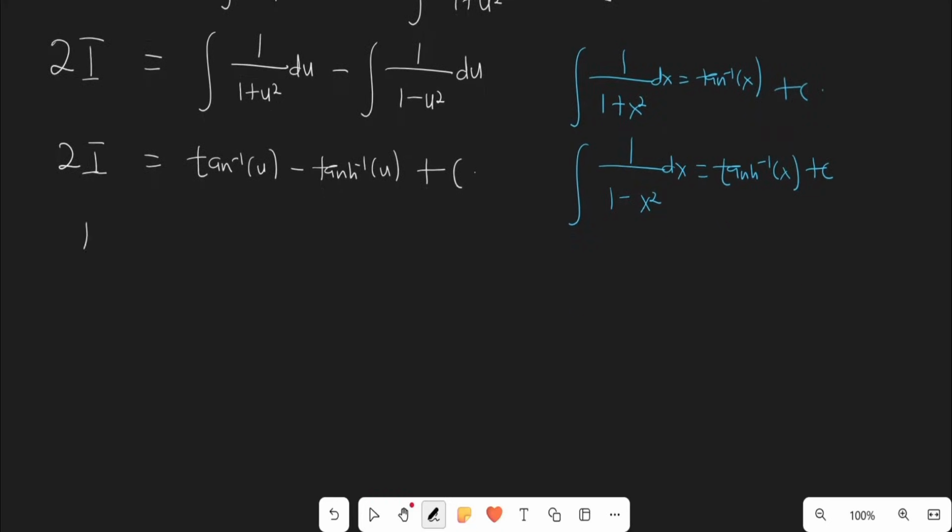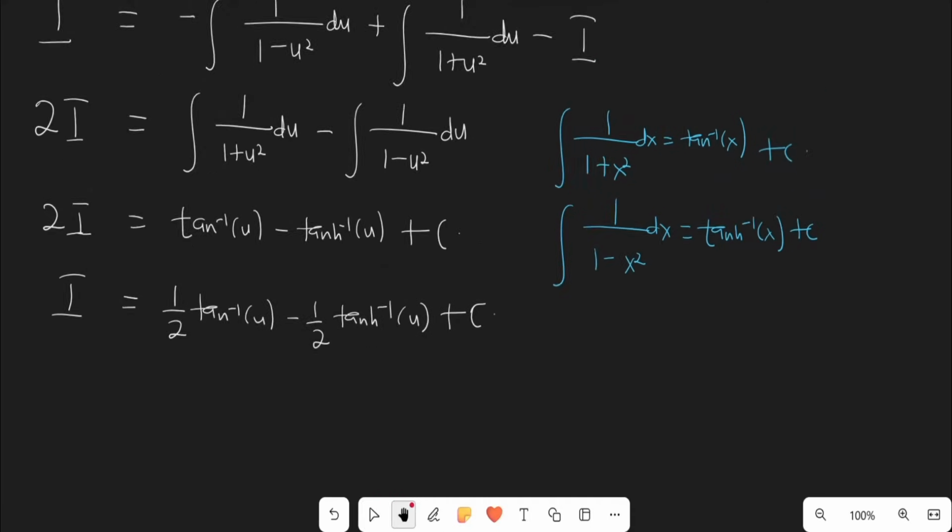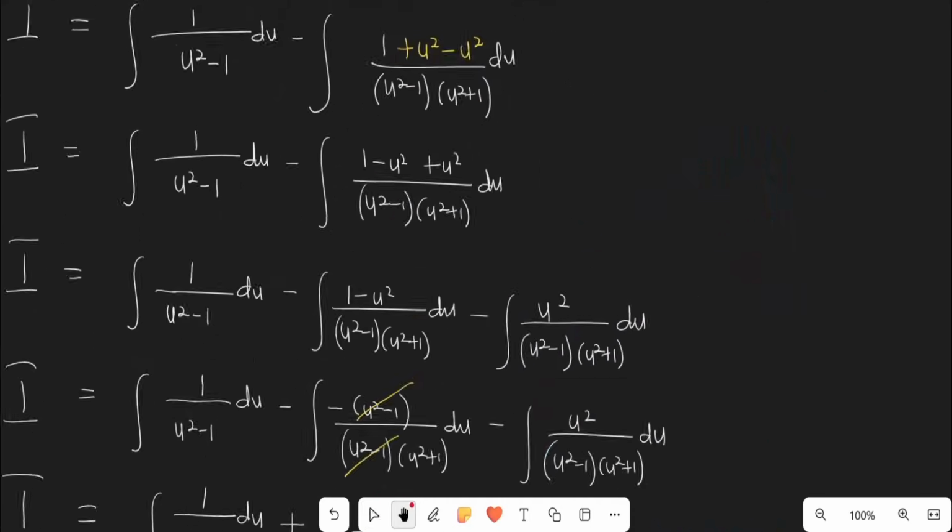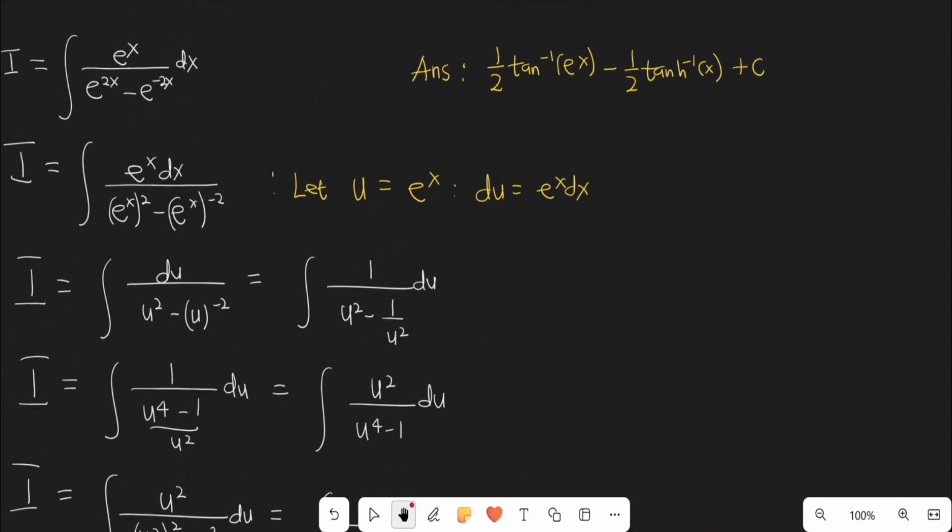To get I, we can isolate I by dividing both sides by 2. You have 1/2 the tan inverse of u minus 1/2 the tan hyperbolic inverse of u plus the constant of integration. So maybe you have like 1/2 c, which is the same as c, a constant. So now what is the value of u in terms of x, because the integral must be in terms of x.